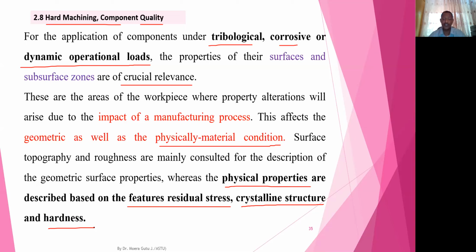You have to differentiate this one. The physical properties include the residual stress in the workpiece material. And the crystalline structure means after machining, what is the grain structure? Is it a fine grain surface or a coarse grain surface? Also, is it hardness? Is a less hard or a harder machined surface generated? This will determine it.